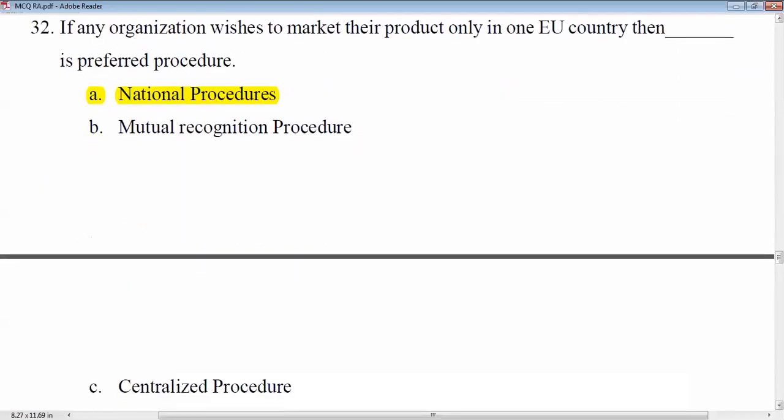Next multiple choice question is: if any organization wishes to market their product only in one European country, then dash dash is preferred. Option A is national procedures. Option B is mutual recognition procedure.